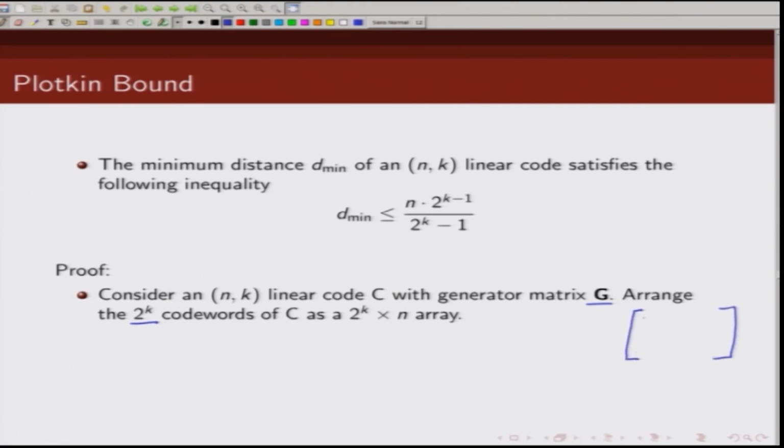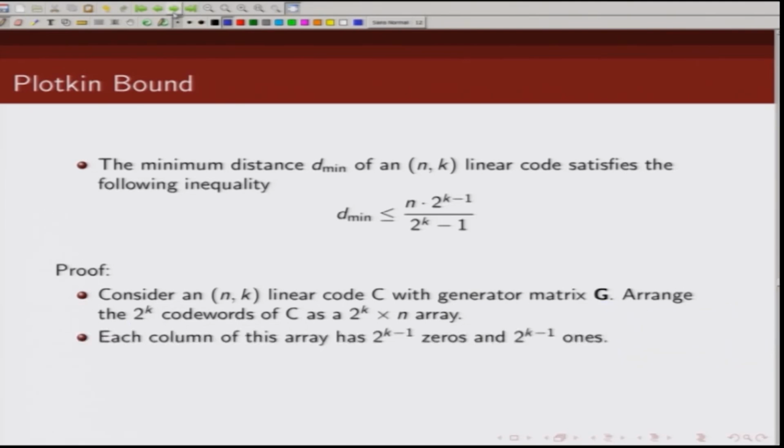These are your n-bit code words, and we will arrange all of these 2^k code words as rows of this array. Now, what we are going to show is that in each column of this array there are an equal number of zeros and ones.